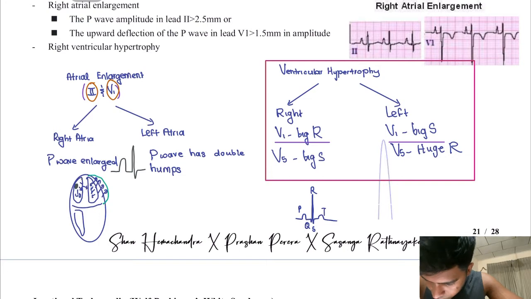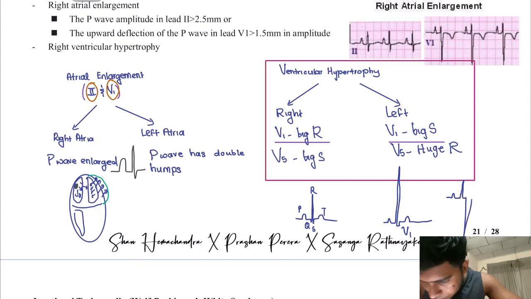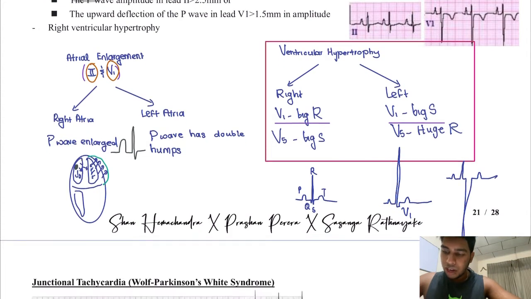Big R wave in lead V1, a big S wave in V5. I will explain this.